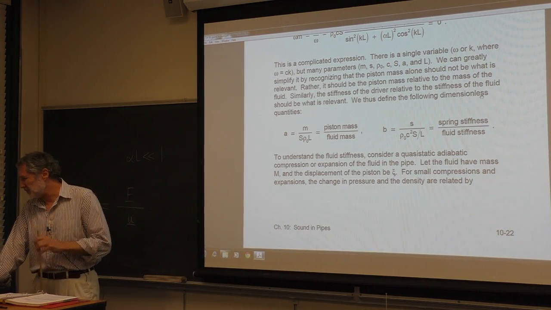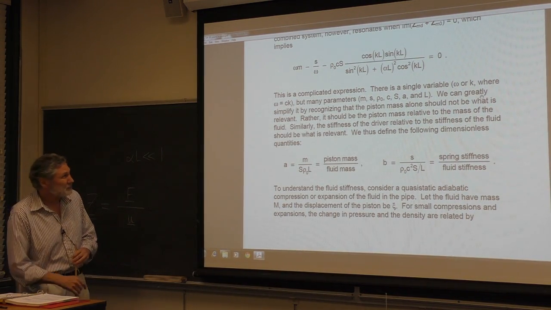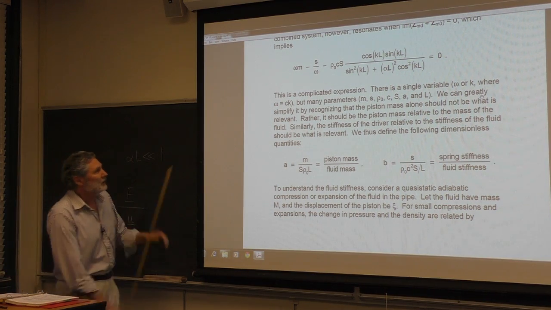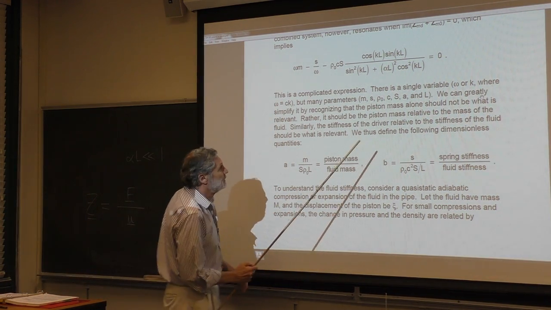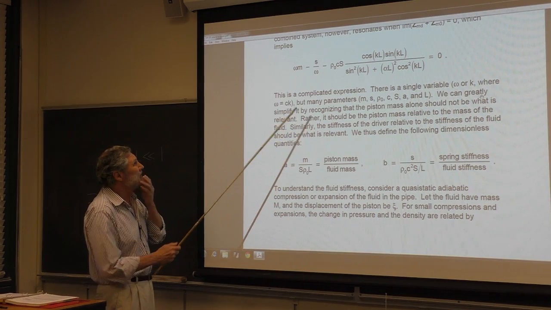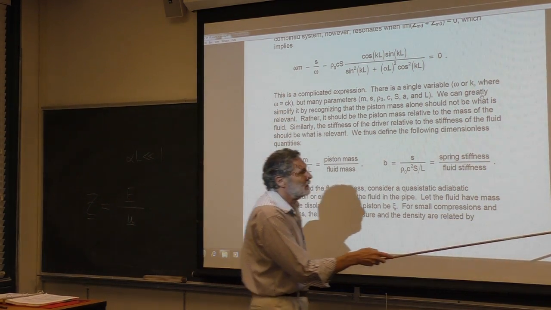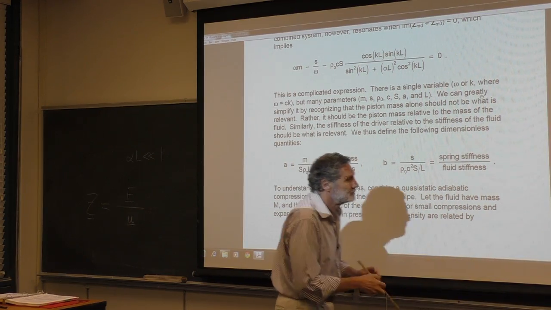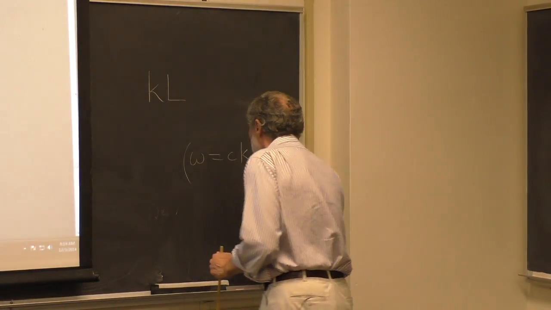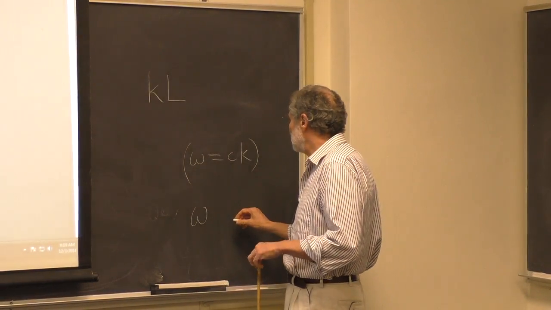Now, what do we do? Well, we now go back to our expression that we want to deal with here. And first of all, let's get rid of omega. We're going to write it like this.